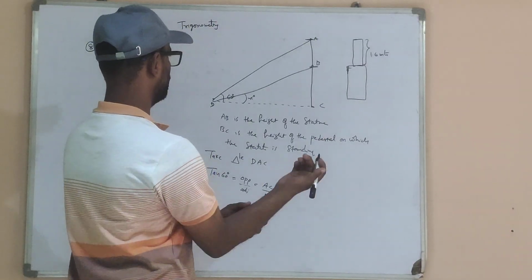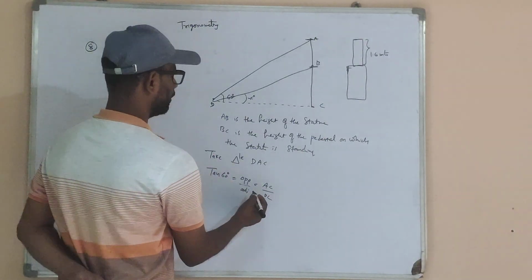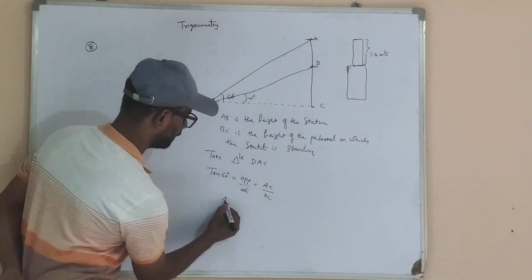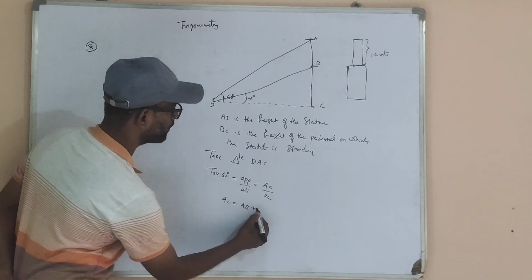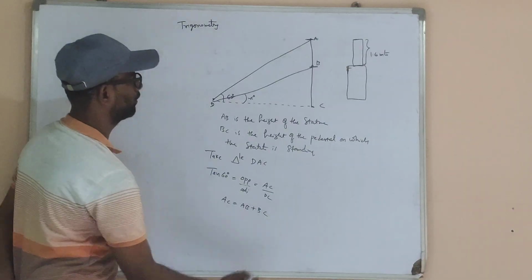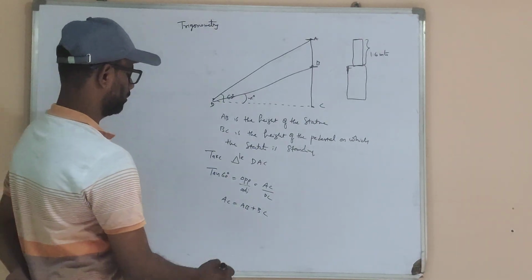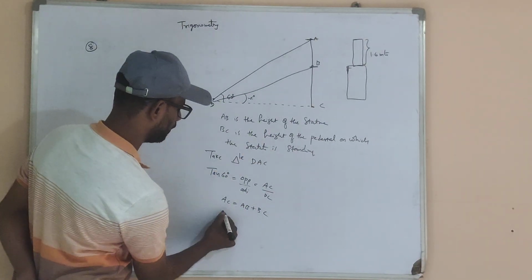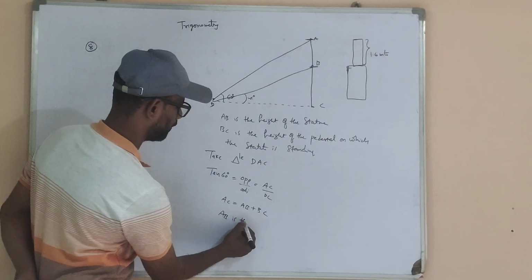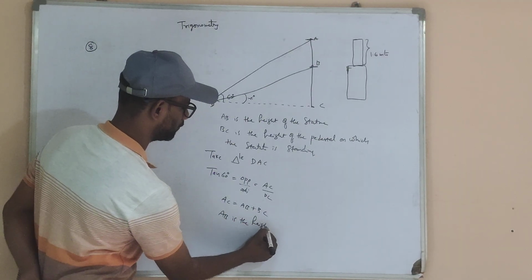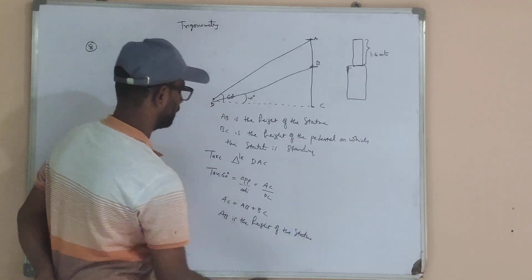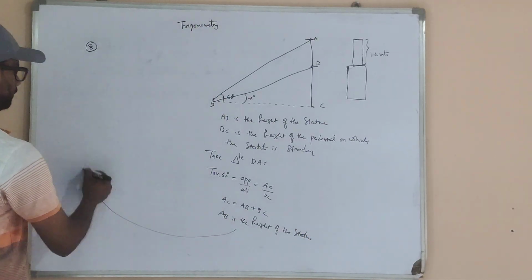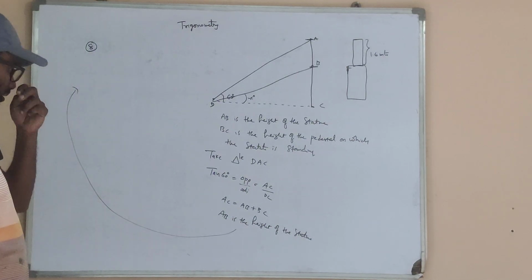But here, what is given in AC? AC is equal to AB plus BC. We know that AB is the height of the statue.